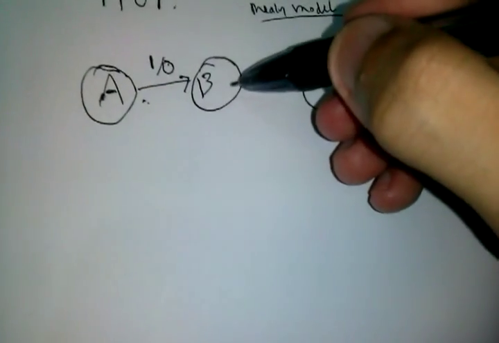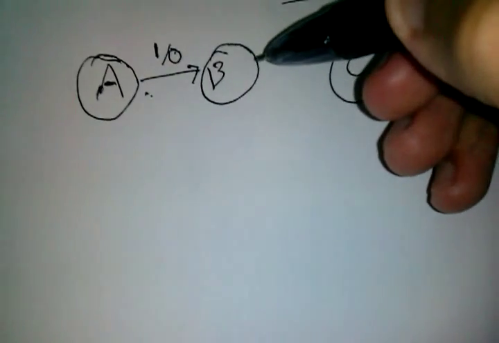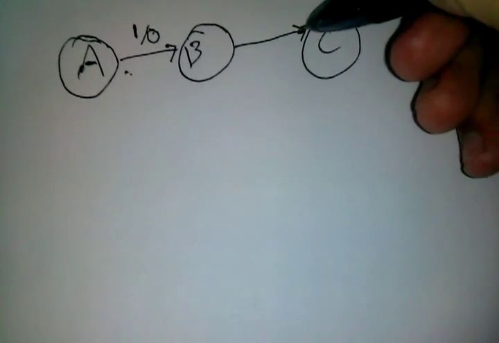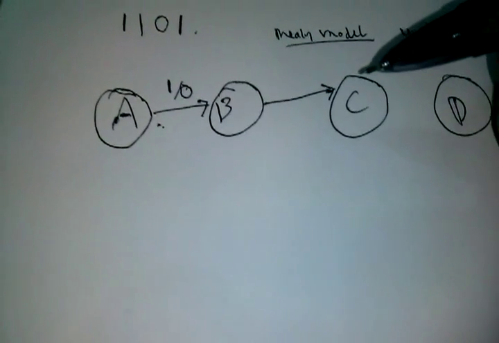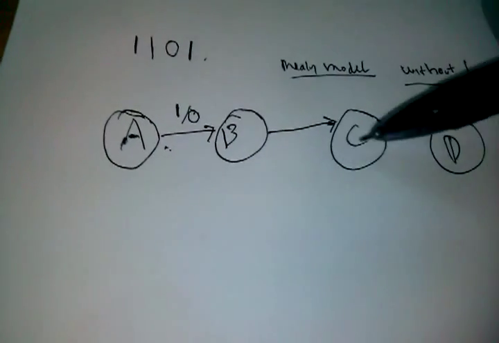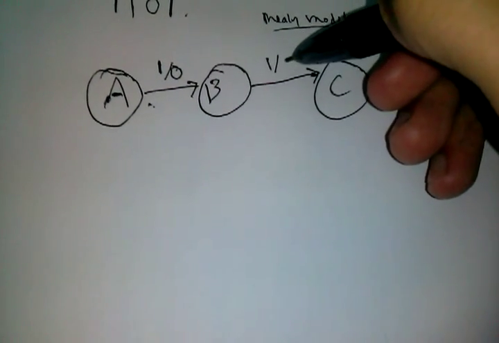And then from state B, if state B gets 1, it will cross to its friend C. So we get 1 over 0.